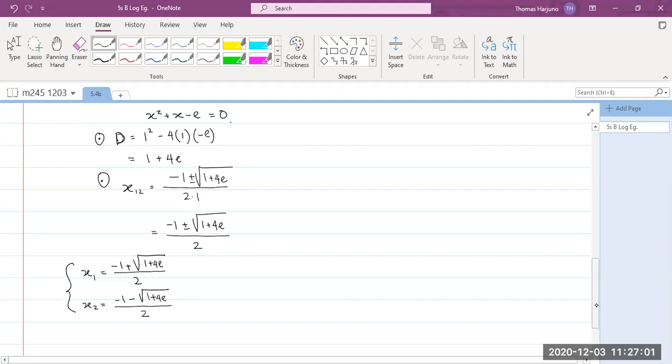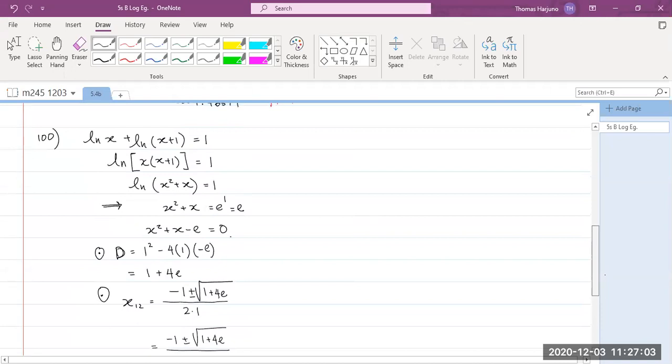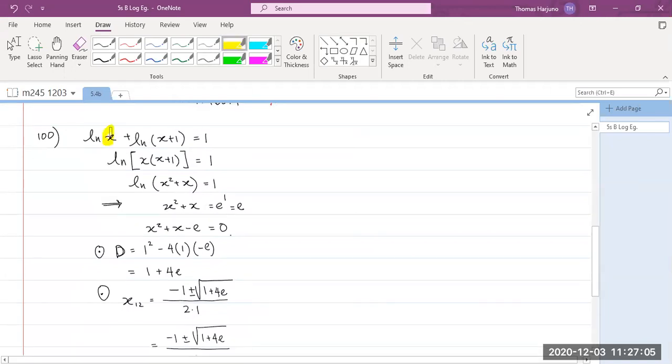You need to look back into the log and make sure that the arguments are positive. Now we have two solutions. The first one is negative 1 plus square root of 1 plus 4e over 2.